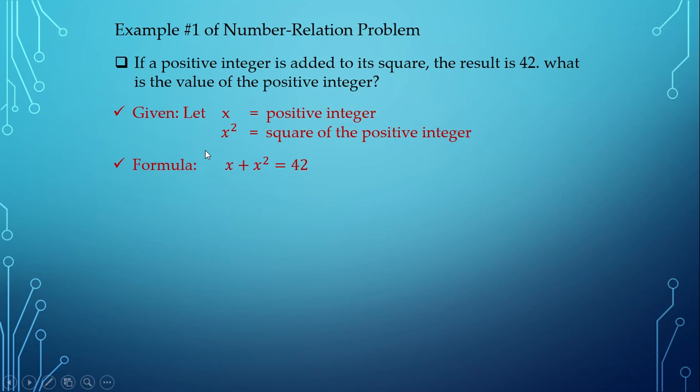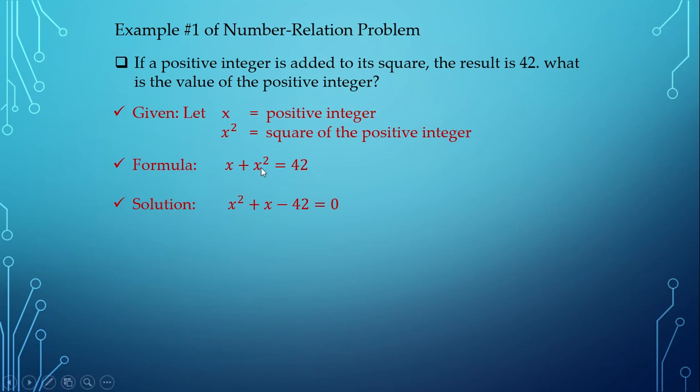So given this, we are formulating the quadratic equation, which has a quadratic term, a linear term, and a constant term. Part of solving is to arrange the terms in standard form.